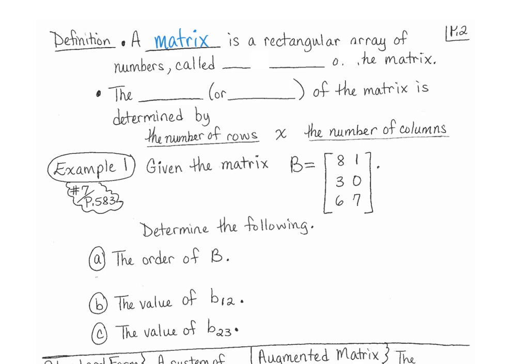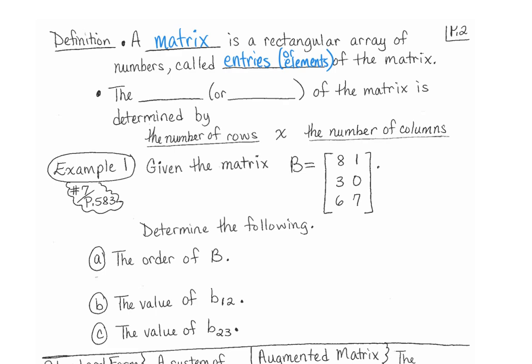Okay, a matrix is a rectangular array of numbers called, what are those numbers called? Entries. Good. Or elements. Good. Of the matrix.